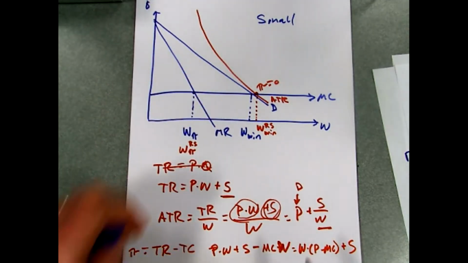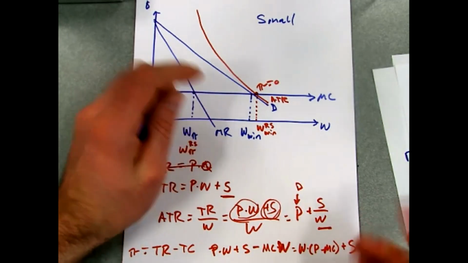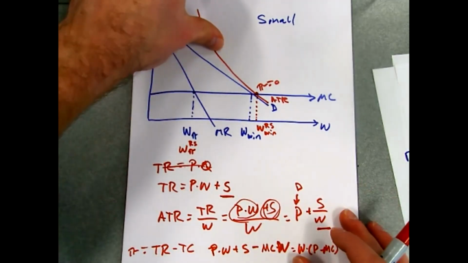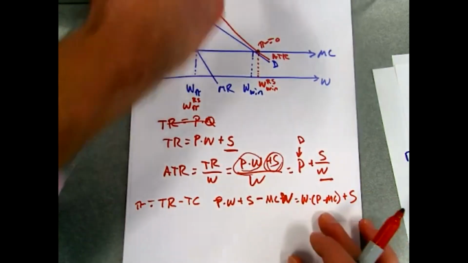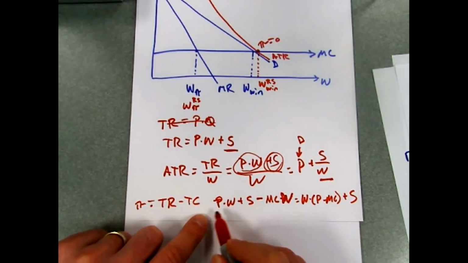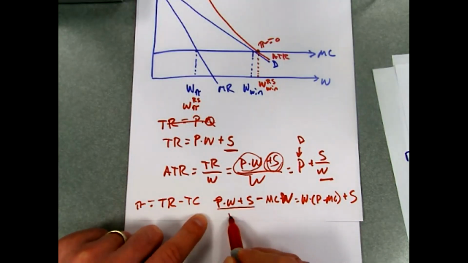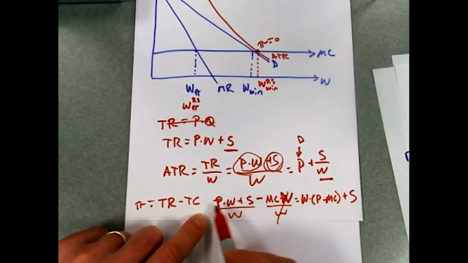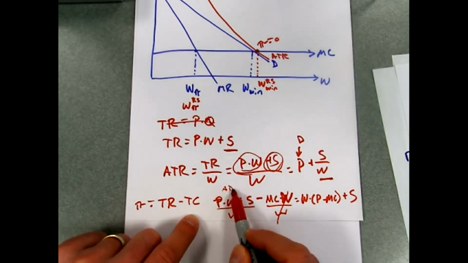So the point at where profits are going to be equal to 0, we could back this out. Average total revenue is equal to marginal cost. Oh, I could just do it this way. Sorry. Then this cancels. So this represents my average total revenue.